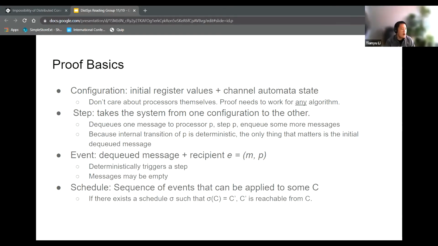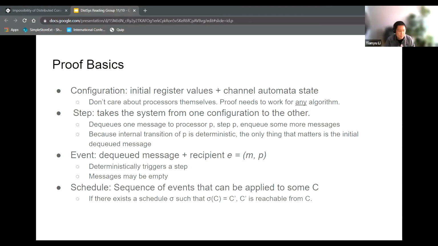So let's call that an event, which is to dequeue a message from somewhere in the channel automata into a recipient. So e equals (m, p), the tuple of message and processor. This will deterministically trigger a step. It's very important to notice that because we're working with an asynchronous network, the message here doesn't have to be an actual message. It can be the absence of a message, so m could be a special empty message to make sure every processor can always do a local step.